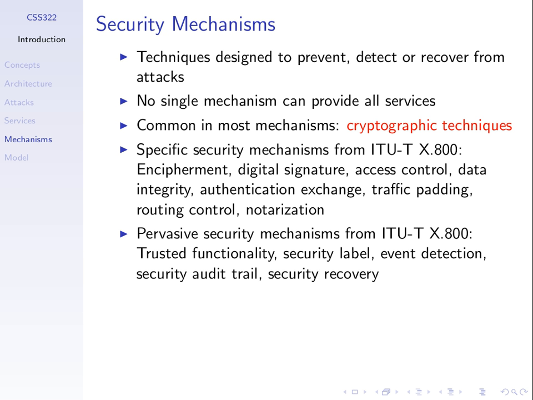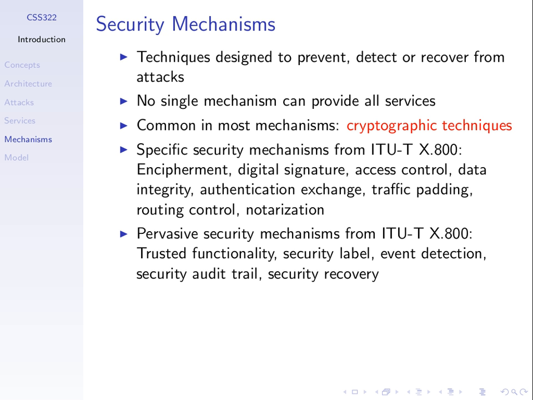Most of the mechanisms, so there are many mechanisms, usually there's no single one that provides all services, but most of the mechanisms we see rely on cryptographic techniques, rely on some form of encryption to provide each of those different services.